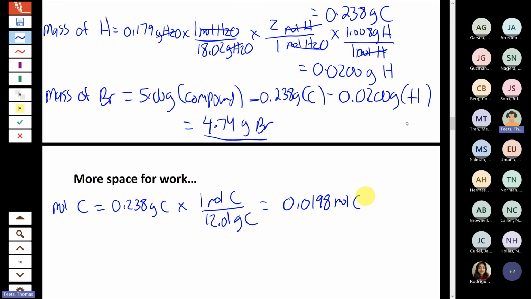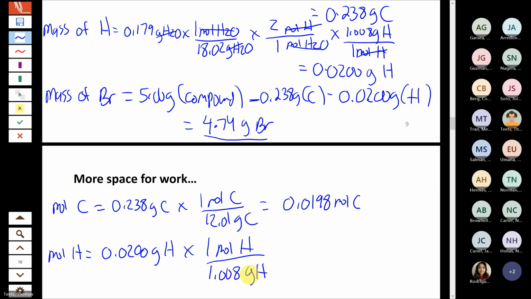moles of carbon. For hydrogen, we had the mass of 0.02 grams. The atomic mass of hydrogen was 1.008, so we're just undoing that last step. And that comes out to the same number.